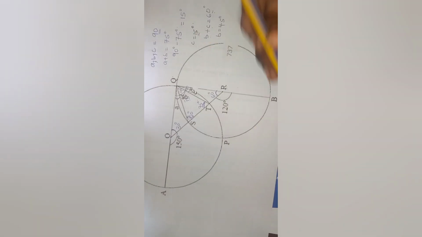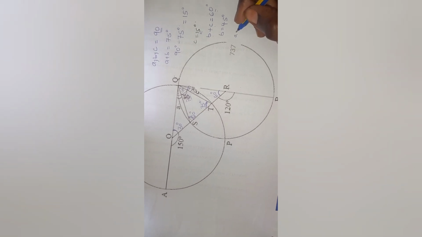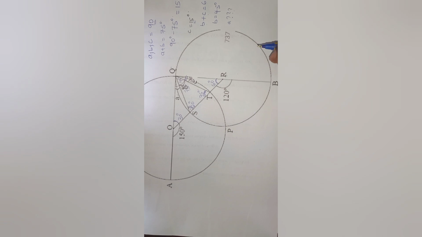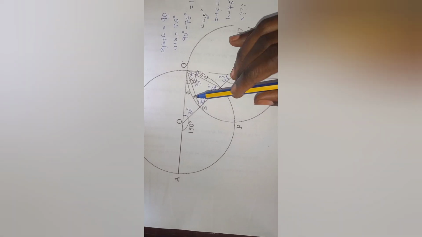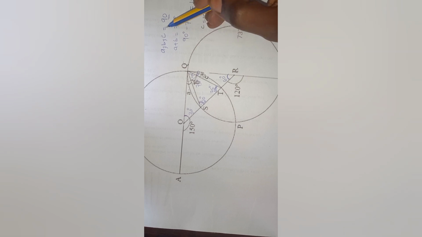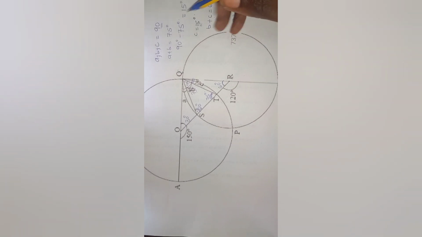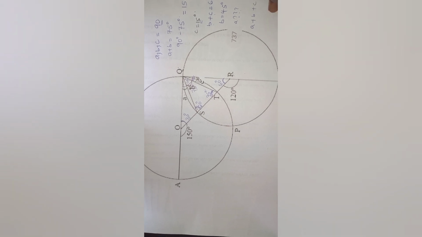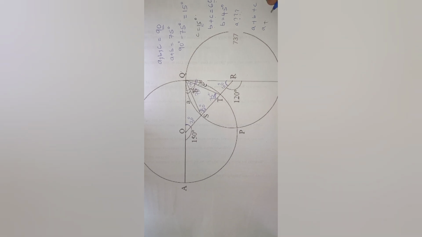How will we calculate angle A? What is angle A? Angle A plus B plus C is equal to 90, and we want to use this to equate. We don't know A. We are given B here.